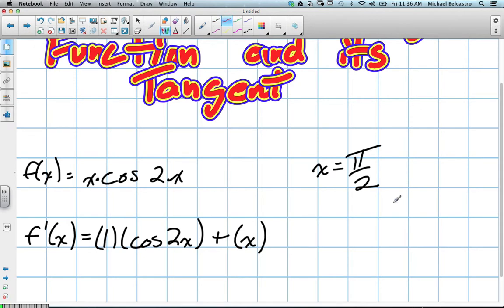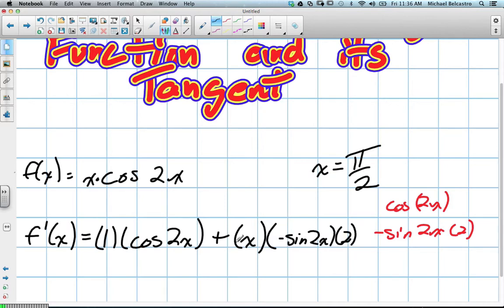Well, cos 2x derives into negative sine 2x times 2, right? We derive the function within. So we end up with negative sine 2x times 2.